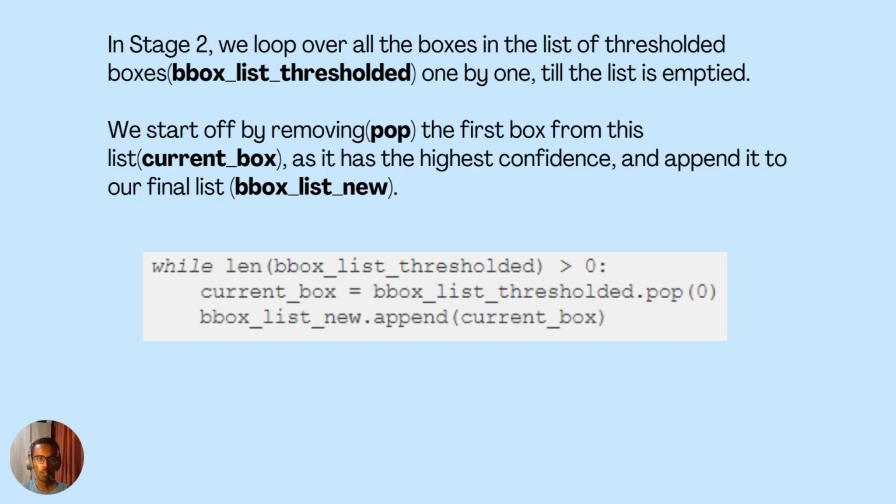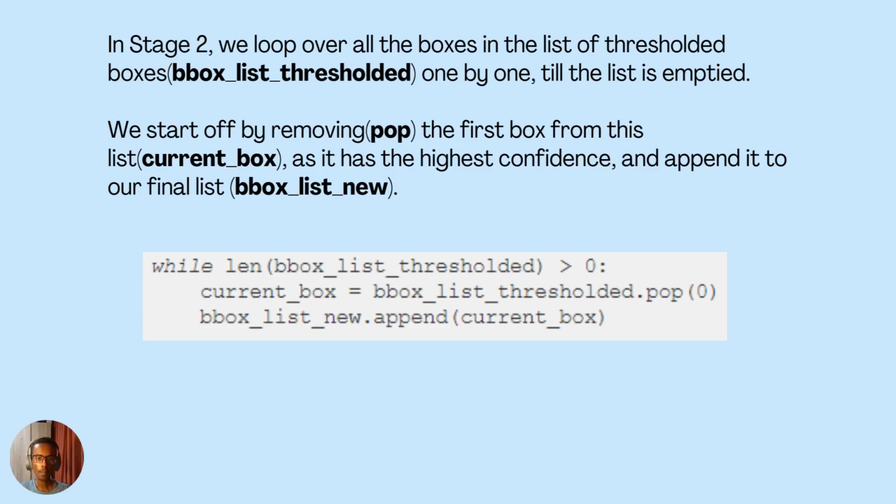In stage two, we loop over all the boxes again in the list of the thresholded boxes. Now we have all the boxes which have a confidence score greater than the confidence threshold inside of the bbox list thresholded. And then we create another loop.